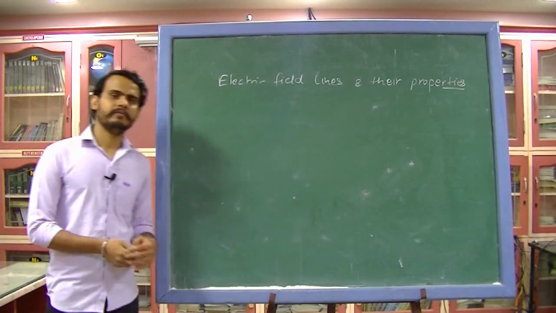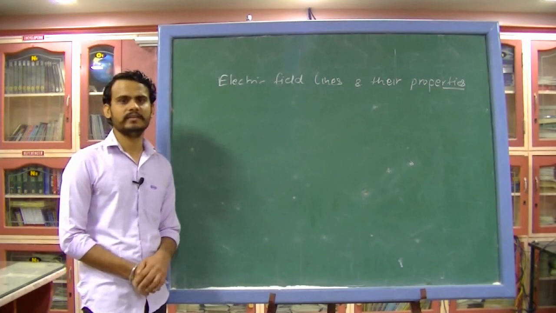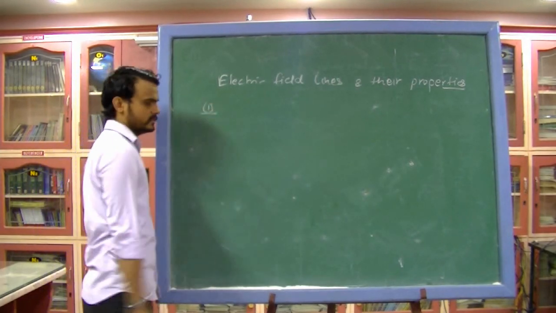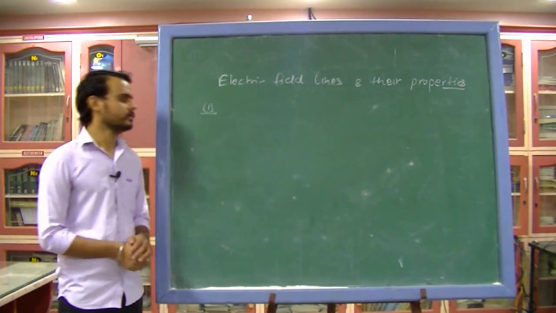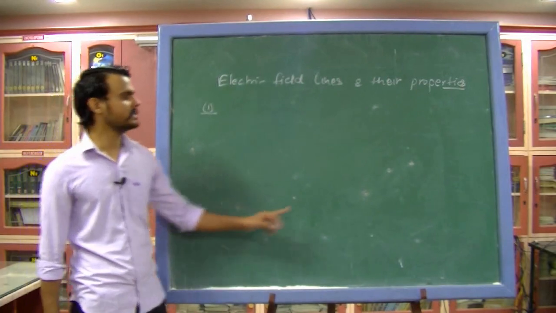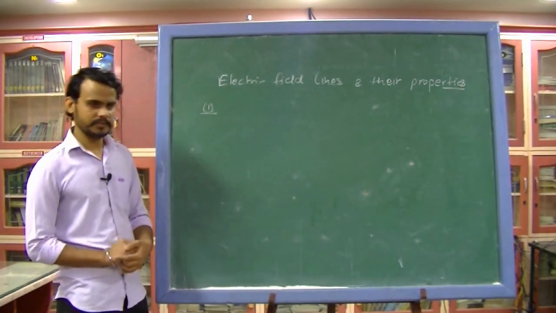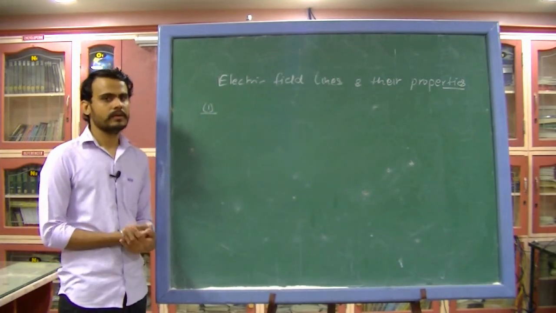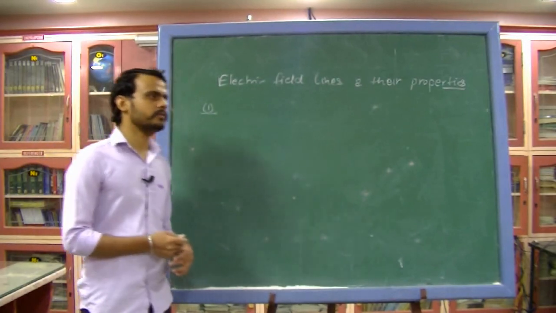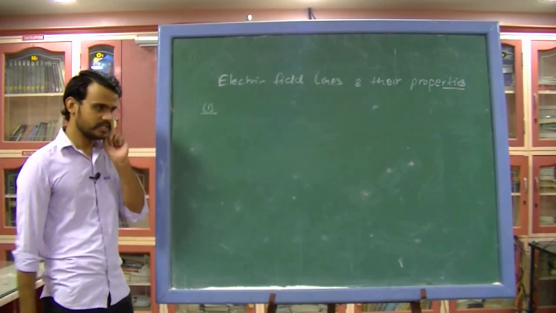Now that we have defined what electric field lines are, let us see the basic properties of electric field lines. You can write down the first property. As we have seen, electric field lines go away from a positive charge, and for a negative charge electric field lines come towards the charge. So, the first property of electric field lines is that electric field lines originate on a positive charge.